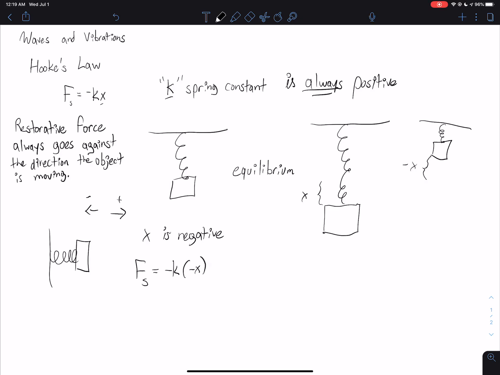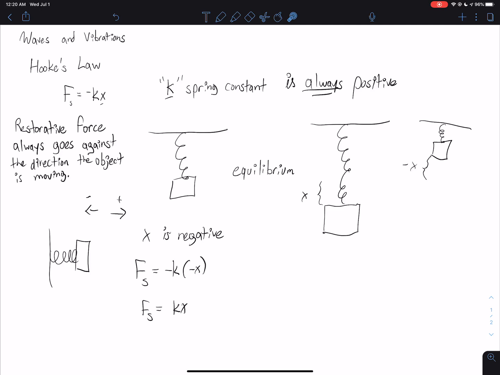So we're going to have a negative and a negative that makes a positive. So F_s is going to be equal to kx. And obviously, as you can see, this is a positive number. So this means that our restorative force is positive, so it wants to bring this spring back to the right where it is not compressed.